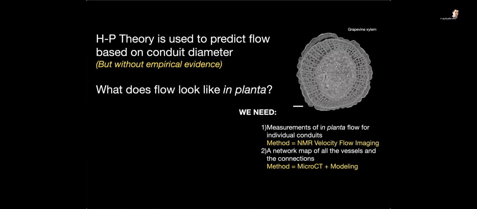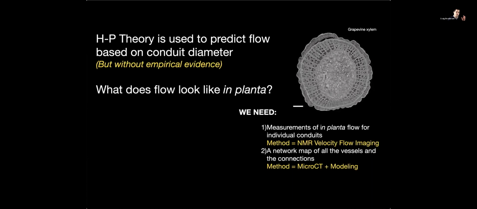To answer what seems like a very simple question, we need two things. We need measurements of in planta flow for individual vessels, to say whether the large diameter vessels in a stem actually transport more water than the narrow diameter vessels, as theory predicts. To do those measurements, we used NMR velocity flow imaging that was done by Carl Wendt in Jülich.